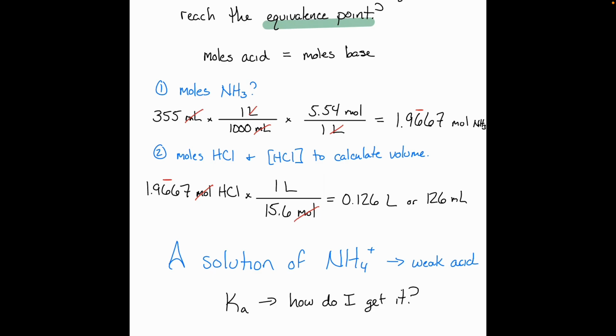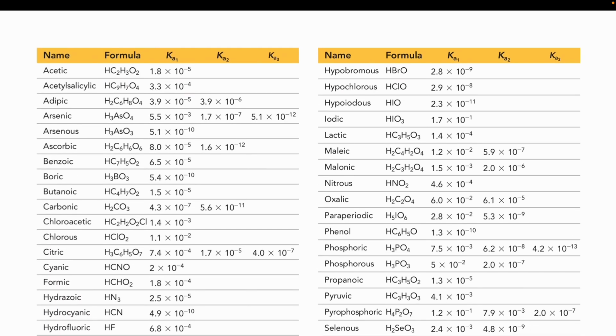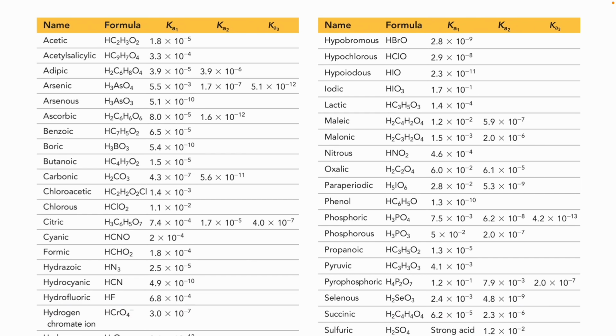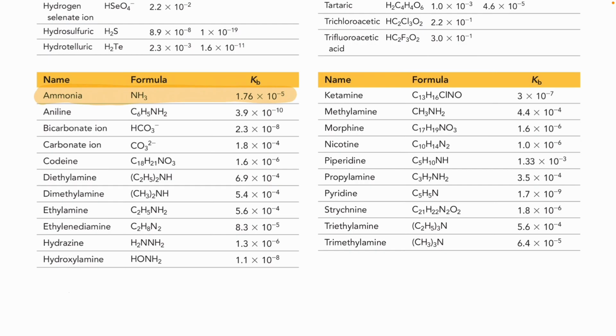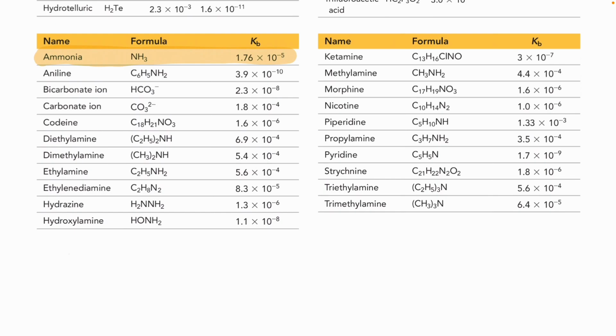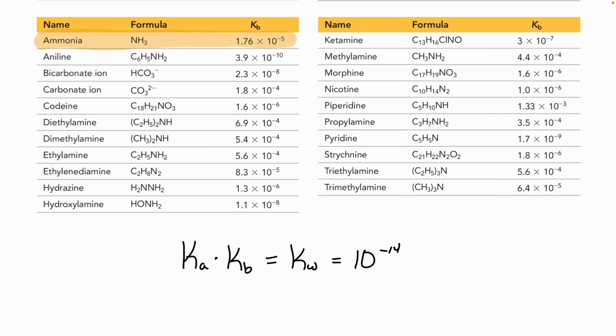Well, first of all, we've got this table of Kas, so this is a great place to start. But unfortunately, I don't see my ammonium ion there at all. I don't have a Ka specifically listed here. What I have is the Kb of its conjugate base, that ammonia that I started out with. And remember, we have this relationship: Ka times Kb equals that magic number we call Kw, 10 to the negative 14.